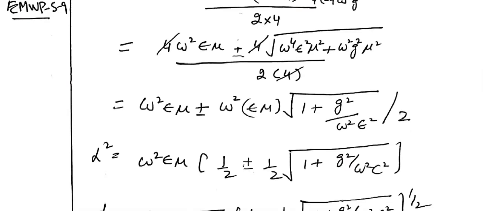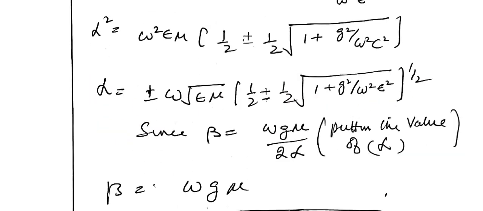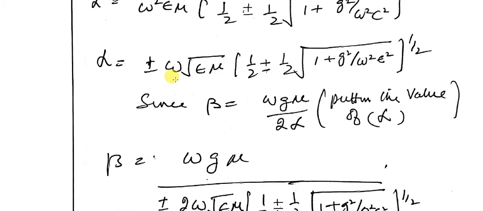So we get ultimately at the end the alpha square value, then we take the square root of both sides, we get alpha. So alpha is equal to plus minus omega epsilon mu root of 1 by 2 plus minus 1 by 2 times the square root of 1 plus g square over omega square epsilon square.